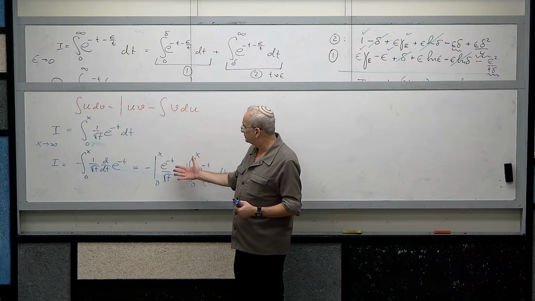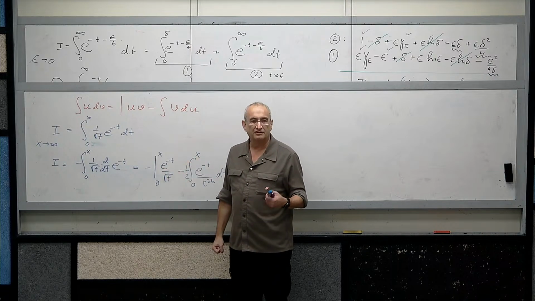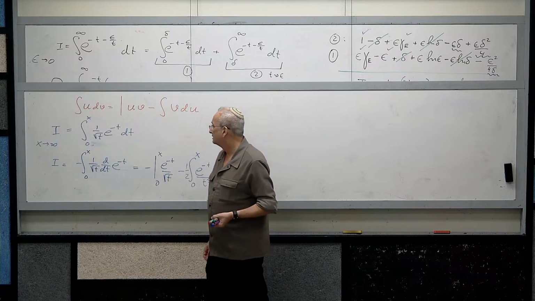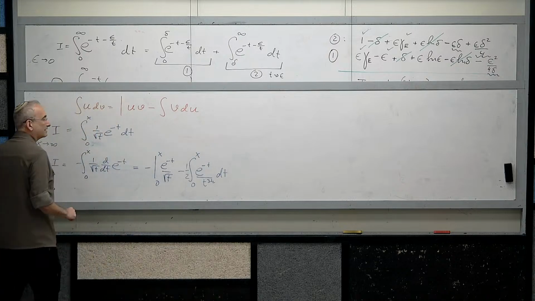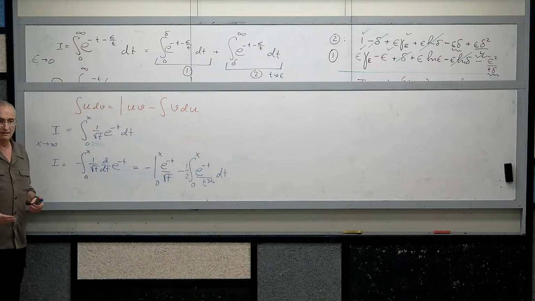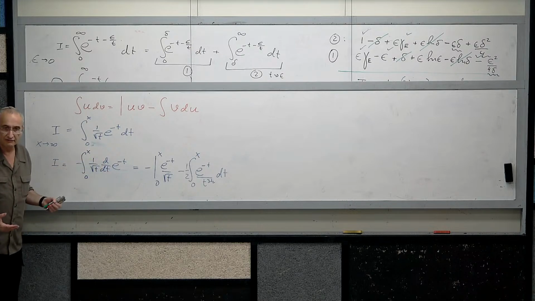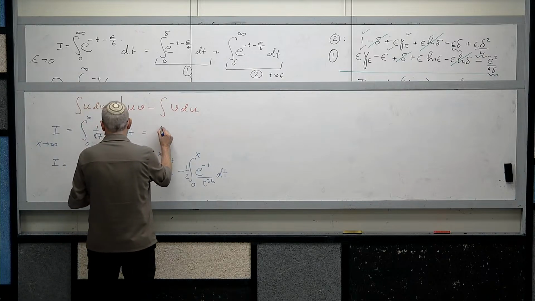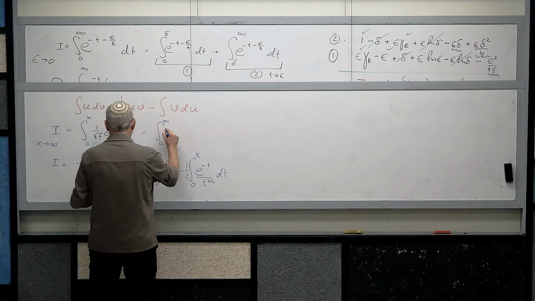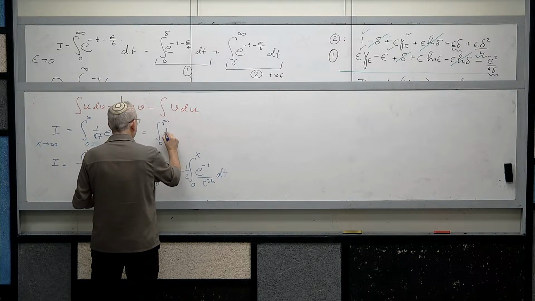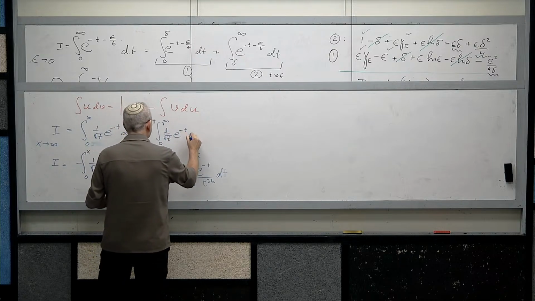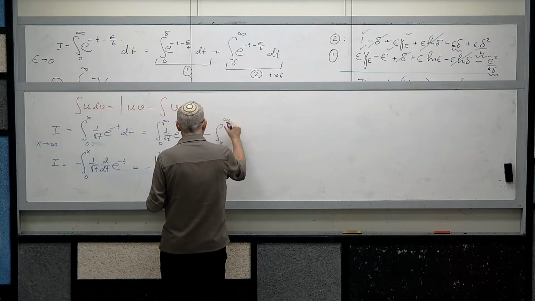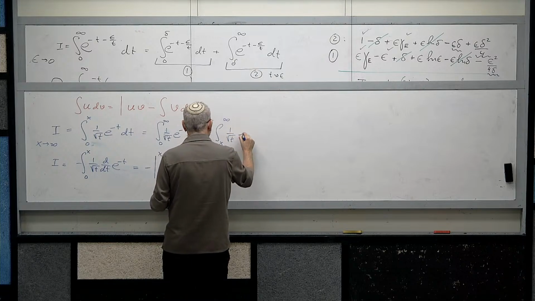So at least a naive implementation of integration by parts is not working. However, I can do a trick and then use integration by parts. This was a naive implementation that fails. But what I can do is to write this as the integral from 0 to infinity of 1 over square root of t e to the minus t dt, minus the integral from x to infinity of 1 over square root of t e to the minus t dt.